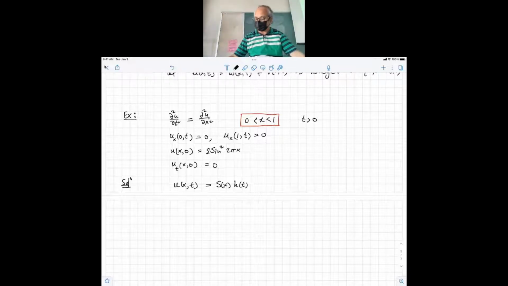So we substitute the solution as a product of a spatial function and a time dependent function, and then substitute back into the wave equation.